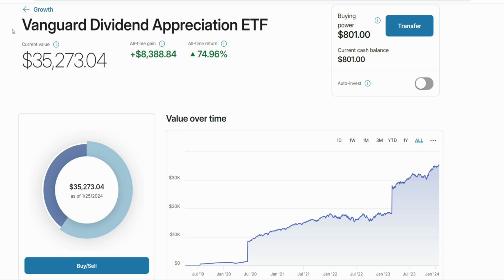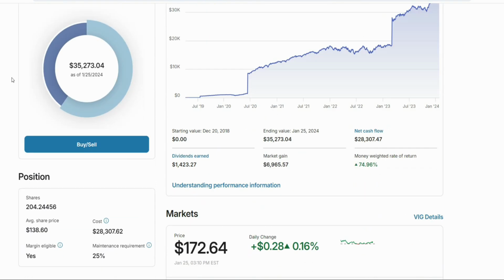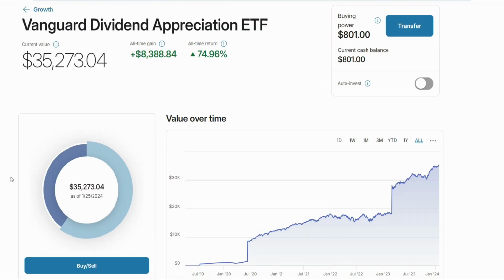And with VIG, I do hold about $35,000 of that ETF, which equates to a little bit more than 200 shares. So I do hold an ETF that is more in line with DGRO rather than SCHD. Of course, I think SCHD is great for dividend investing, and I think DGRO is great for dividend investing, and you can compare it to VIG like I said.